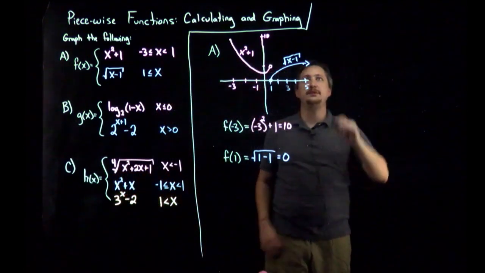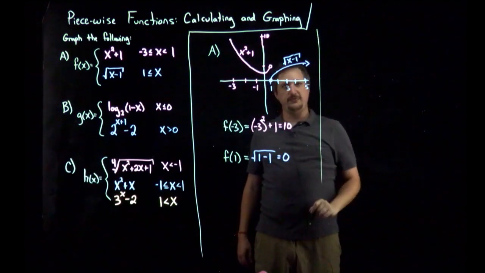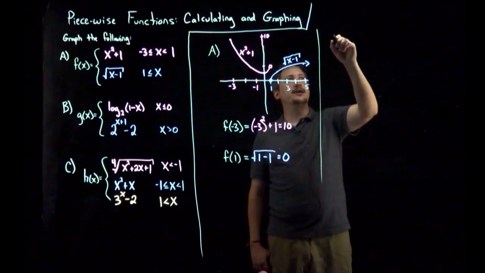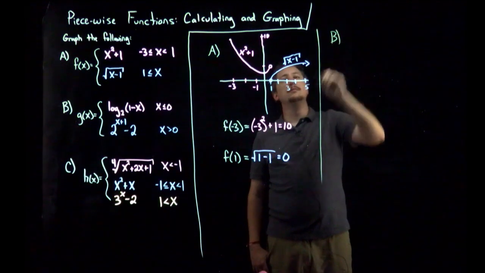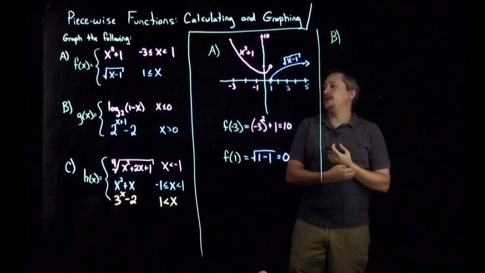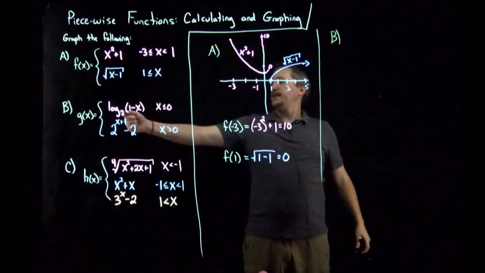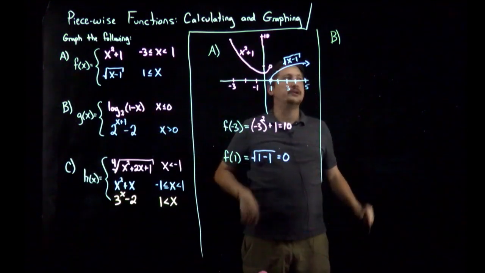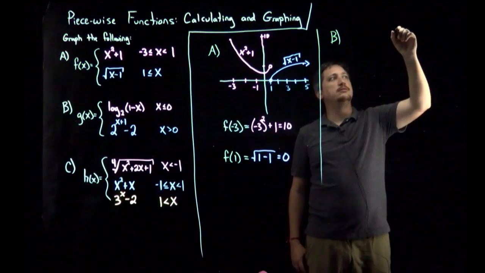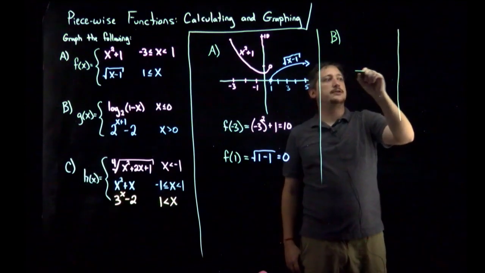So let's say B. So I'm just gonna sort of divide this one off. So let's look at B. So this one I'm doing log base 2. So I'm doing g of x. I have this to the left of 0, this to the right of 0. So I'm just gonna, again, make a little xy plane here.